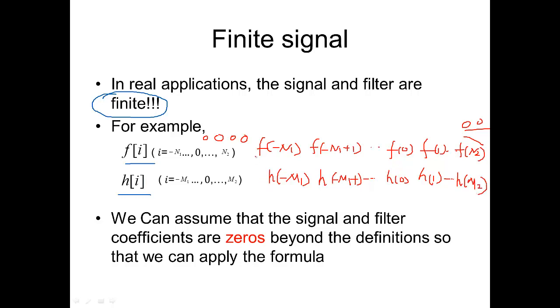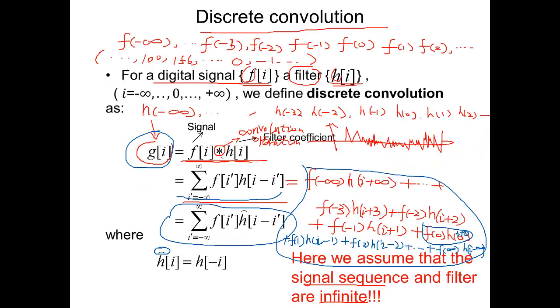The situation is the same: we assume that before negative m1 the h value is 0, and after that also 0. So in fact this case is the special case when the signal is assumed to be infinite. We can use this math equation to write a program to compute g i in the finite case.